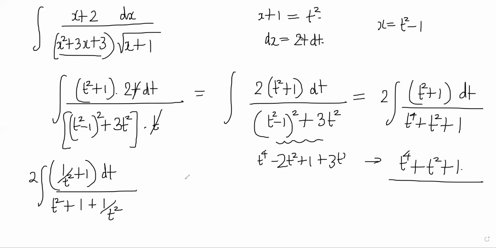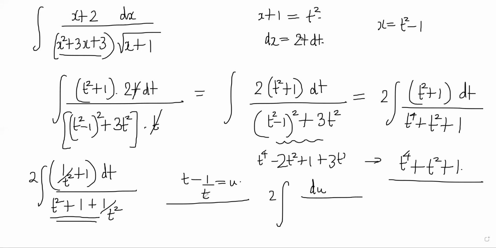Yeah. And then you take t minus 1 by t as your u, because differentiation of this will be 1 plus 1 by t square dt, right? Yeah. And this part can be written in terms of u, right? You understand, no? So you'll get du on top, and t square plus 1 by t square will be u square plus 2, right?